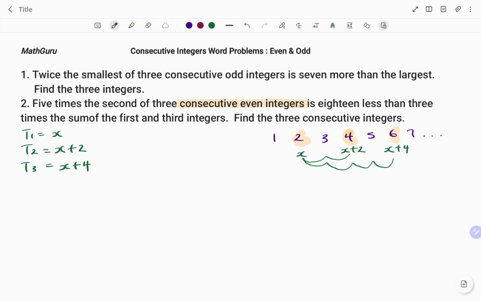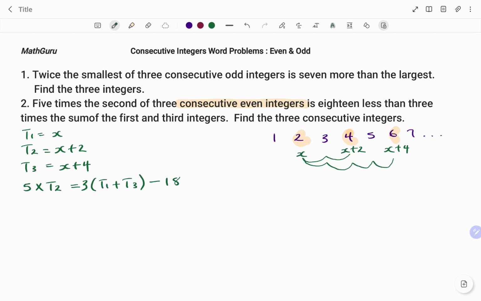So 5 times the second will be 5 times T2, of 3 consecutive even integers, that means equal to 18 less than 3 times the sum of the first and the third integers. So if I add the first and the third and I multiply that by 3, then less 18.